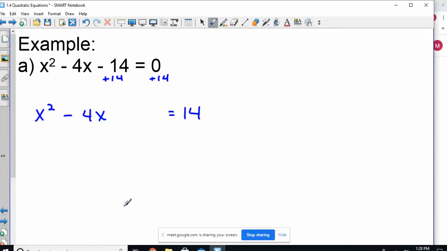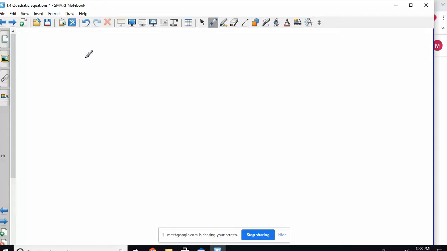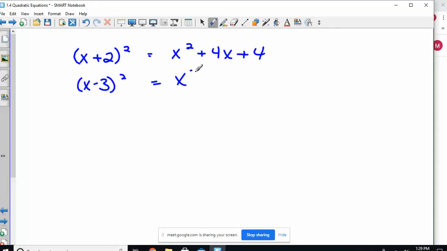Our goal is to create a perfect square. When I say a perfect square, I'm talking about something like x plus 2 squared. If you FOIL that out, you get x squared plus 4x plus 4. If I did x minus 3 squared, when you multiply that out, you get this.